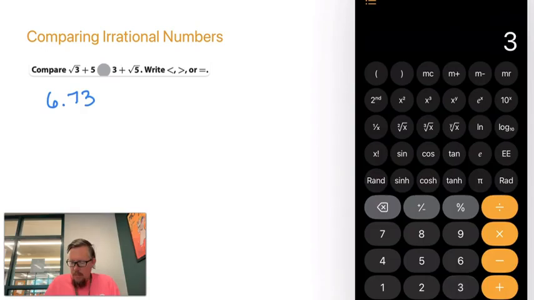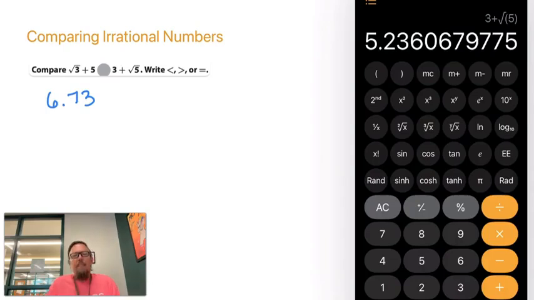So 3 plus square root 5, and that gives me 5.2. So let's do 5.24 just so they both have two places after the decimal, even though I don't really need any places after the decimal because the left side is 6 and the right side is 5, and I'm pretty sure 6 is bigger than 5.